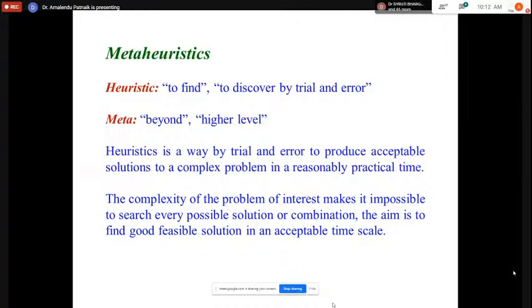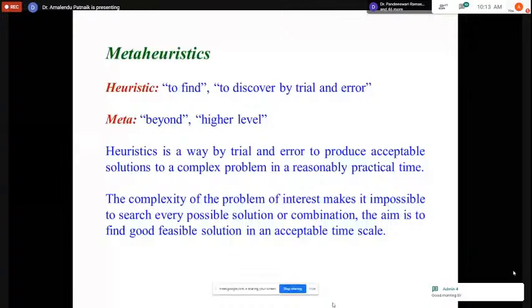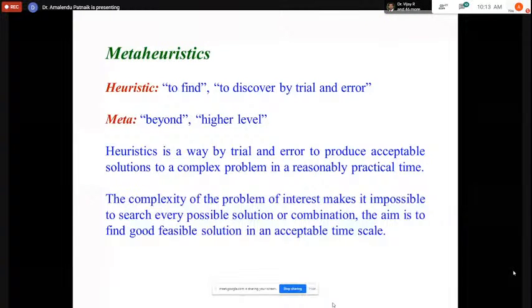Other literature calls them evolutionary techniques, although they are part of meta-heuristics. And this has now been extended to artificial intelligence techniques, right?